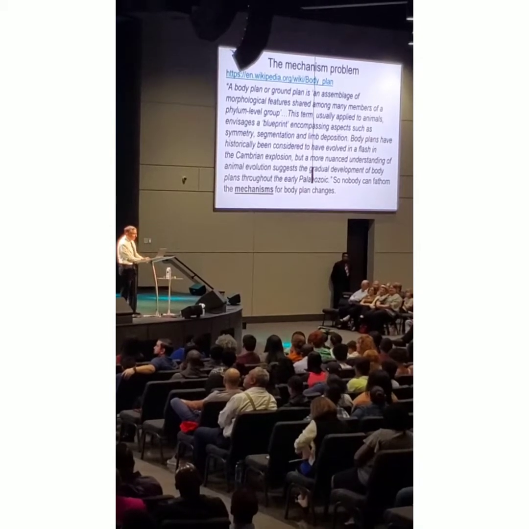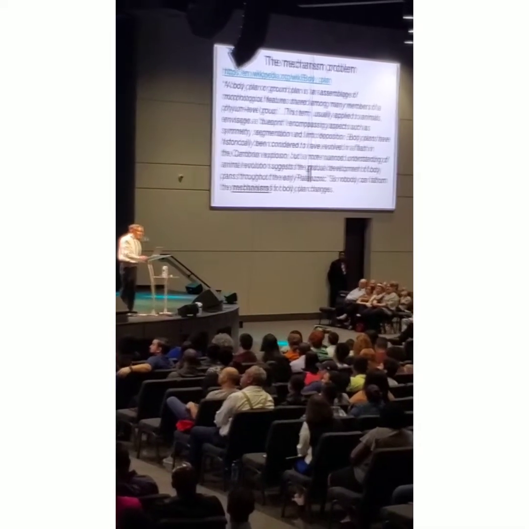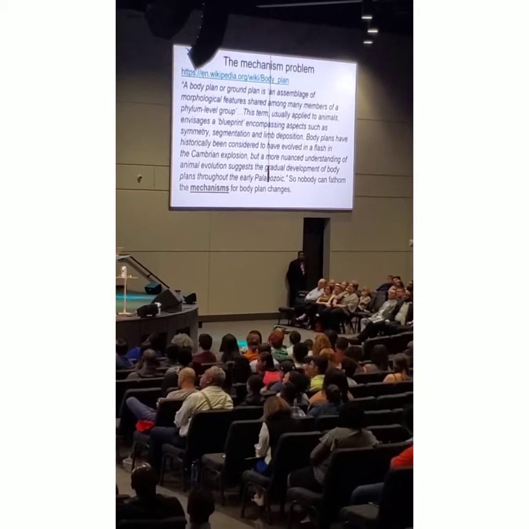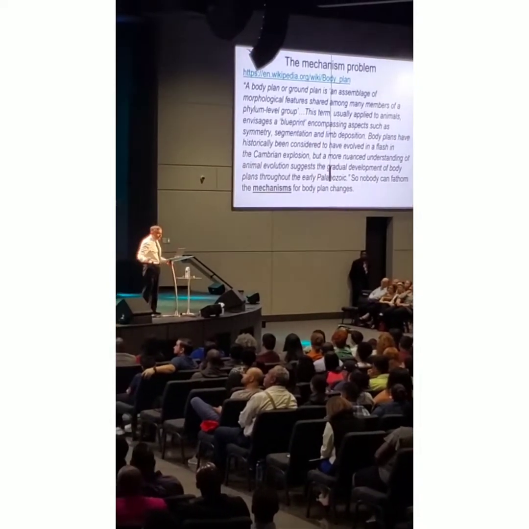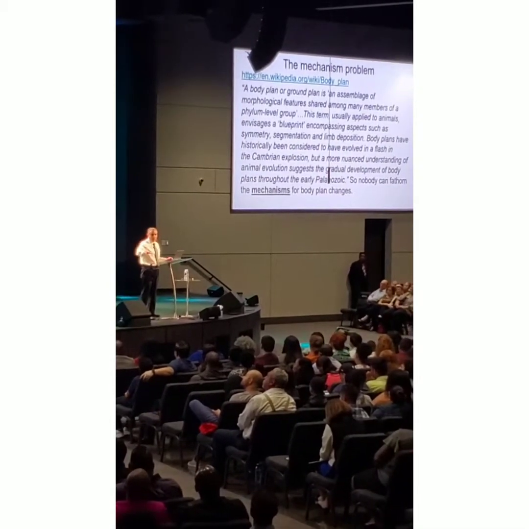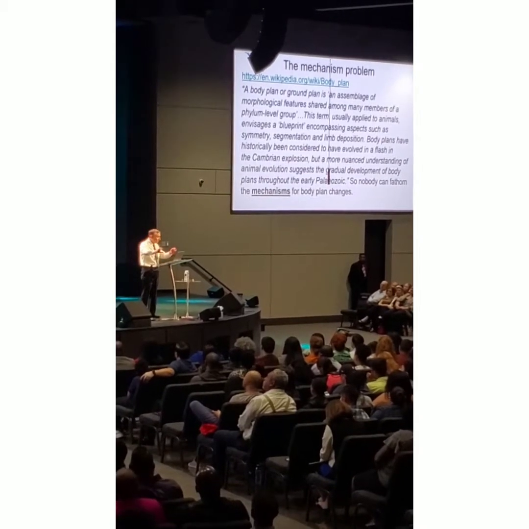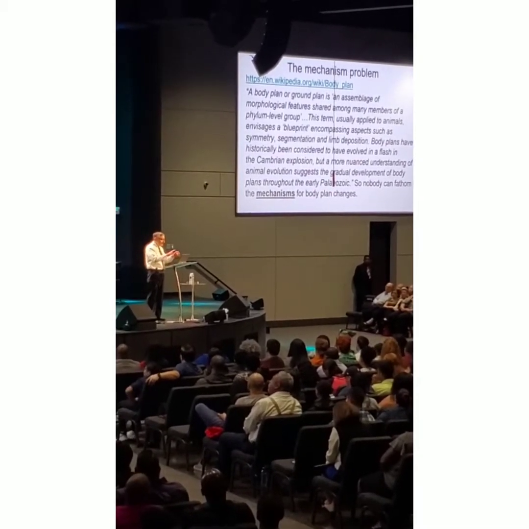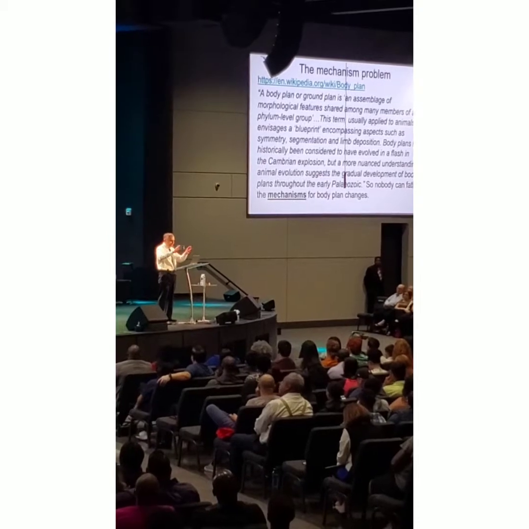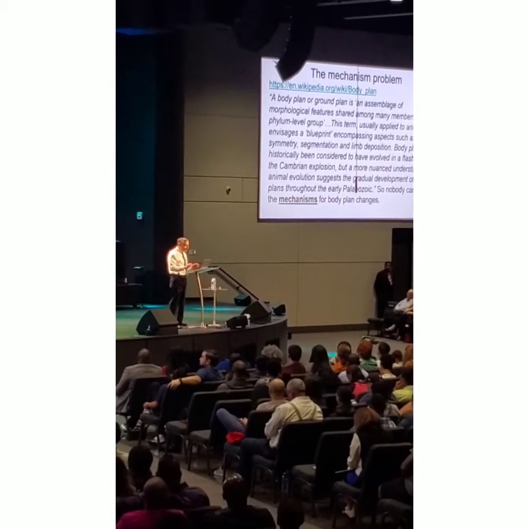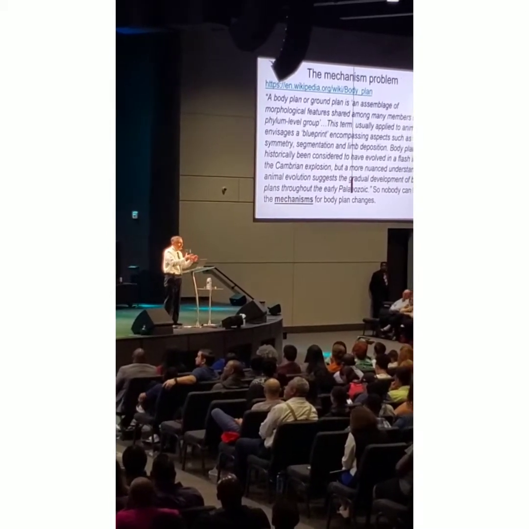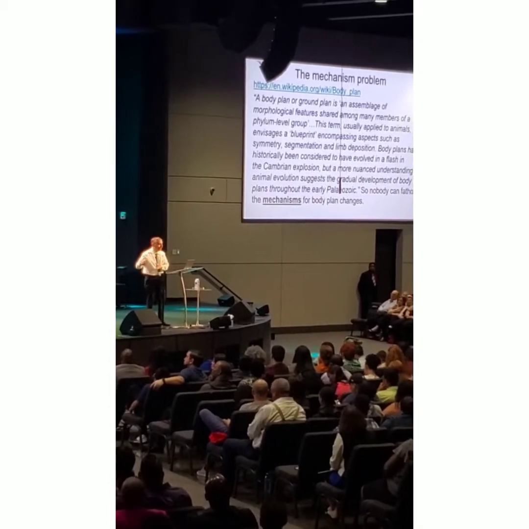The mechanism problem is seen here. Body-plan disposition. So, for example, in a human body, our limbs are disposed differently than the limbs, say, of a tiger. This is change in body plans. Nobody knows how there has been change in body plans in an evolutionary model.